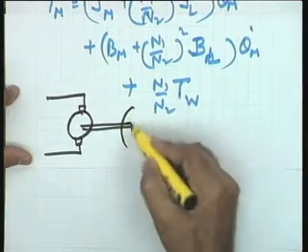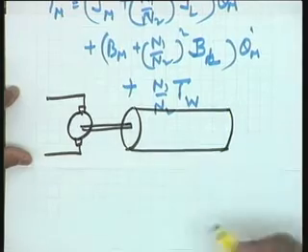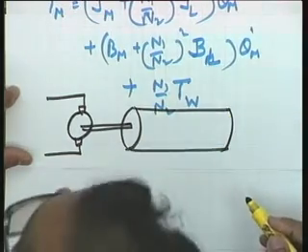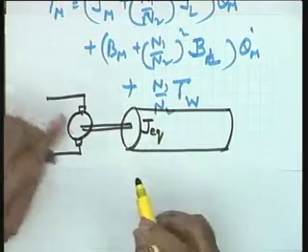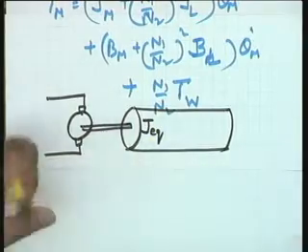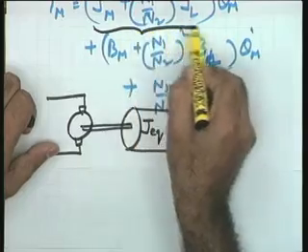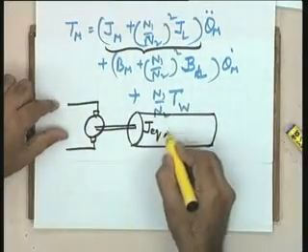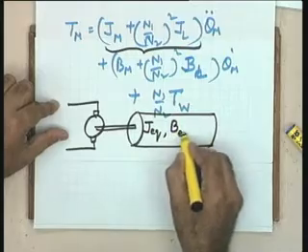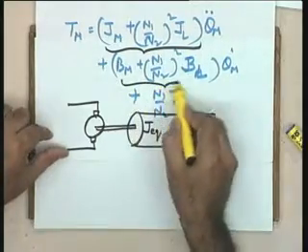You assume that a particular load is there directly on this particular motor. What are the parameters of this particular load? The parameters are J equivalent. What is the value of J equivalent? You will find that J equivalent is given by this expression, and you can take the load on this particular motor to be equal to B equivalent, which is given by this particular expression.